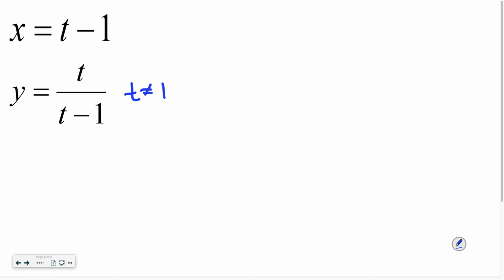Okay, well now let's eliminate the parameter. Can we all agree that solving for t and x is going to be simpler? I don't think we want to even touch the y. So if we were to eliminate the parameter, we could write that t equals x plus 1. Do you agree? Okay?